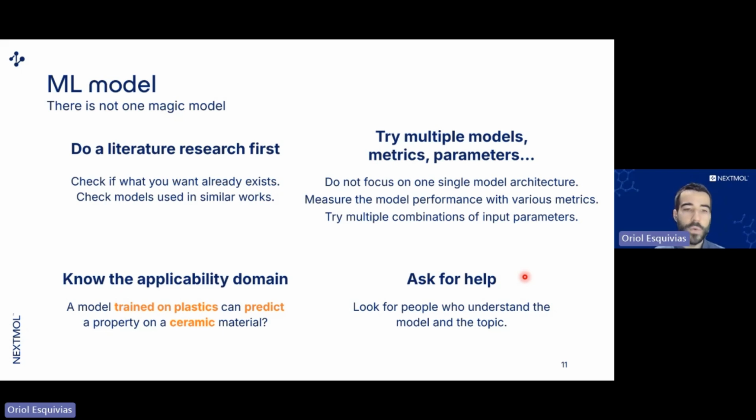But this value won't probably make sense. So what you have to know is the applicability domain of your model. And an important thing to do that is also to have people who understand not only the model, the mathematics, a data scientist, but you also need an expert, a chemist, or a person that understands the things in your model.